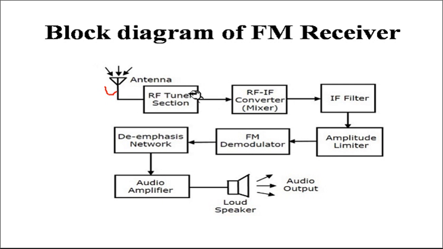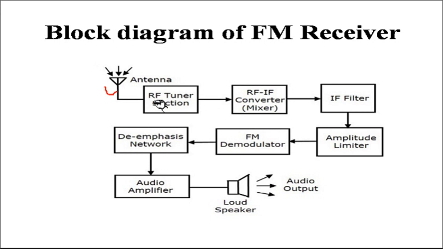Its function is to select the desired signal frequency required by this FM receiver. Only that frequency will be selected and other frequencies will be eliminated. Also, it provides the frequency of local oscillator and RF filter.